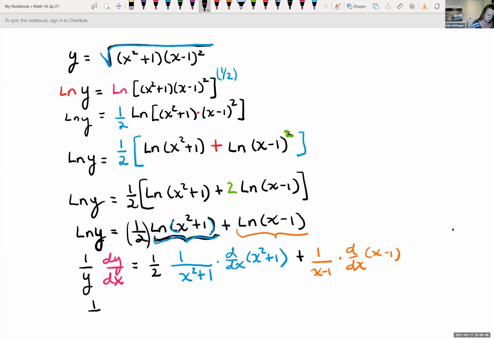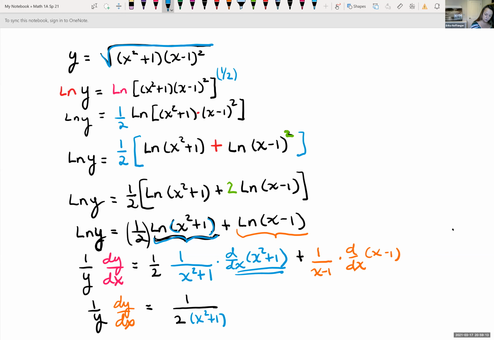So we have 1 over y dy dx is equal to, let's look at this. This would be the same thing as 1 all over 2. I can put this 2 down in here, but I need parentheses around the x squared plus 1, times the derivative of x squared plus 1.